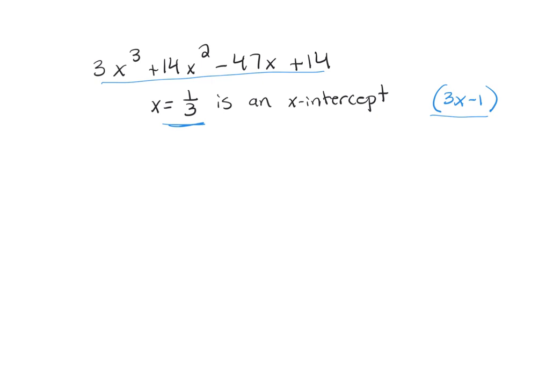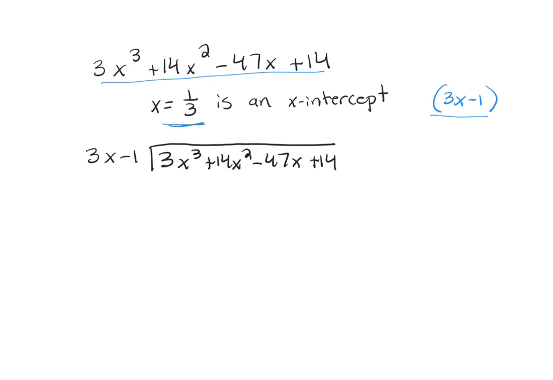Now, for this division, I'm going to do long division instead of synthetic division. All right, so long division, let's divide the first term. So we'll have x squared, and then multiply: 3x to the third minus x squared. This will go to 15x squared minus 47x. Divide again. 15x squared divided by 3x is 5x.